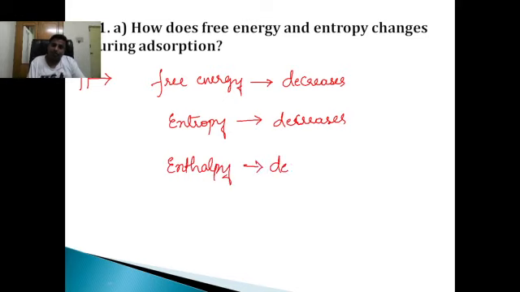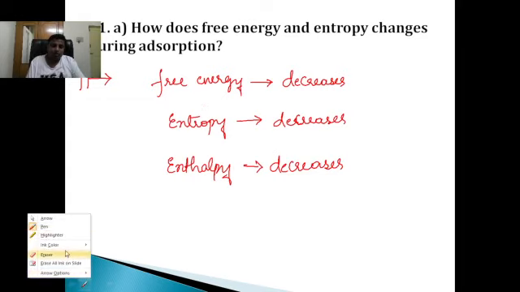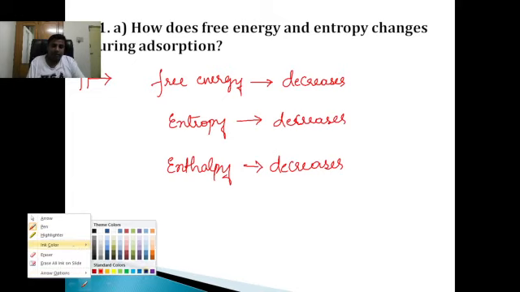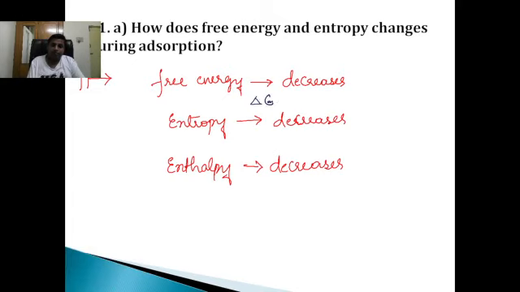All the three will decrease. Free energy decreases means delta G is negative. Entropy decreases means delta S is negative. Enthalpy decreases means delta H is negative.